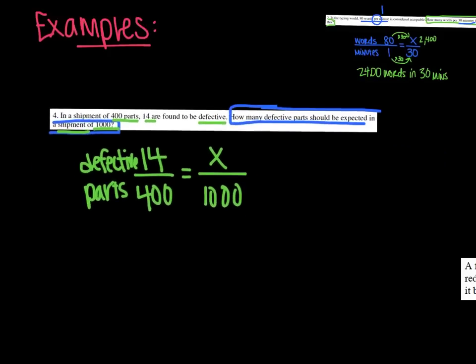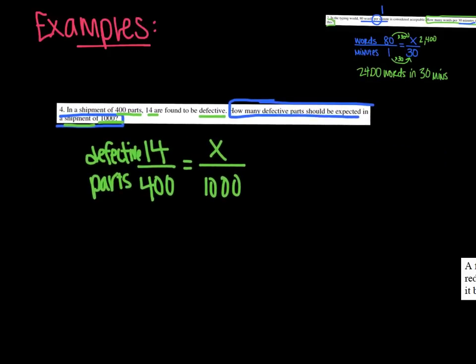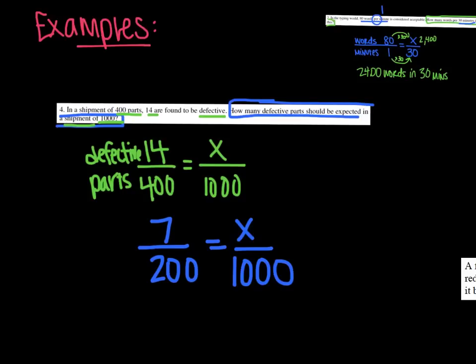Now we just are solving a proportion. You can scale across. If that doesn't work very easily, you have simplifying fractions, and if that doesn't work, then you can go to your unit rate. I know at this point you're comfortable with scale factor, so I'm not going to show you that way. Plus, it's not an easy number. So I'm going to simplify this, and I will get 7 over 200 equals x over 1,000.